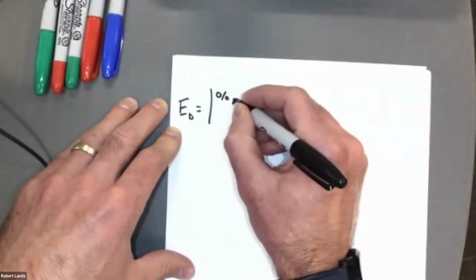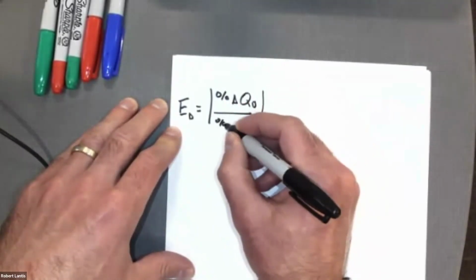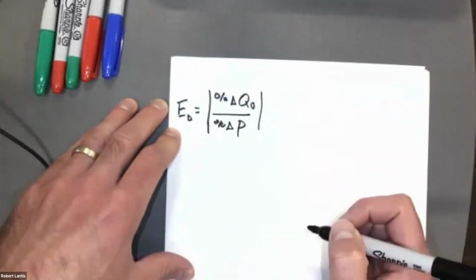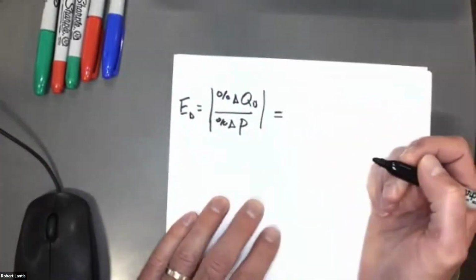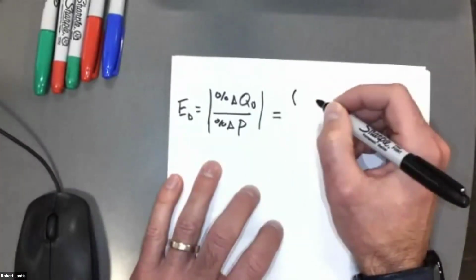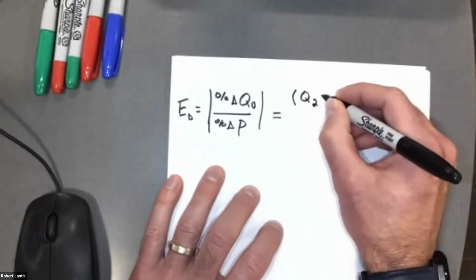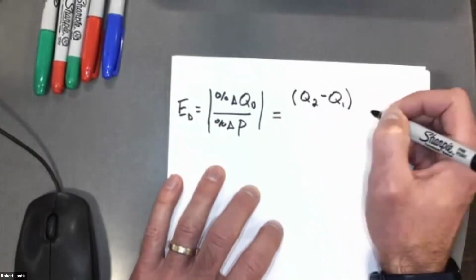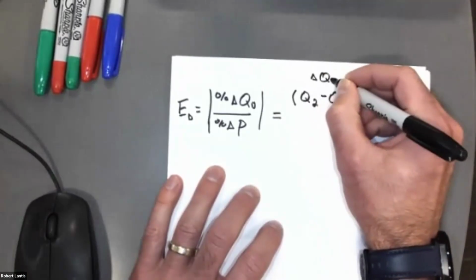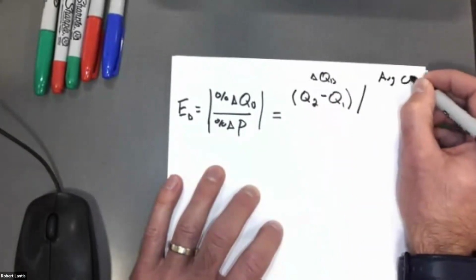Okay. So we said this elasticity of demand is the percentage change in our quantity demanded in response to a percentage change in price. How do we find percent changes? Using the midpoint method, I take my new quantity minus the old quantity, just that change in my quantity demanded, and divide it by the average quantity demanded.